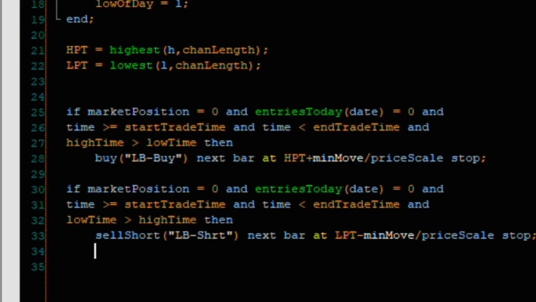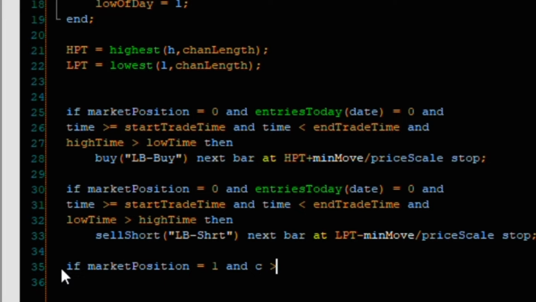Okay. Now how do we get out? Well, we get out very simply if market position equals 1. This is a little trickery here, and I don't have time to explain it to you, but I only want to get out if I'm in somewhat of a losing position. I'm going to let the market run as long as I'm not in a losing position.